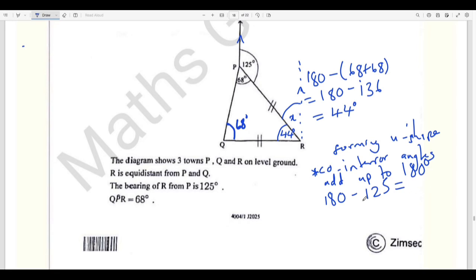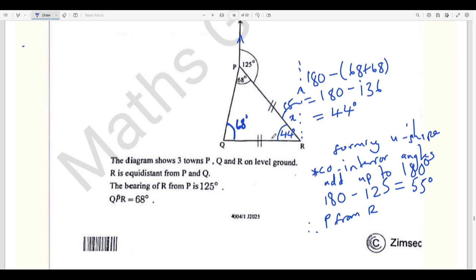So that small angle there, which I have marked X, is equal to 55 degrees. Now, this is not the end of the question. The bearing is always calculated from north in a clockwise direction and given as a 3-figure bearing.